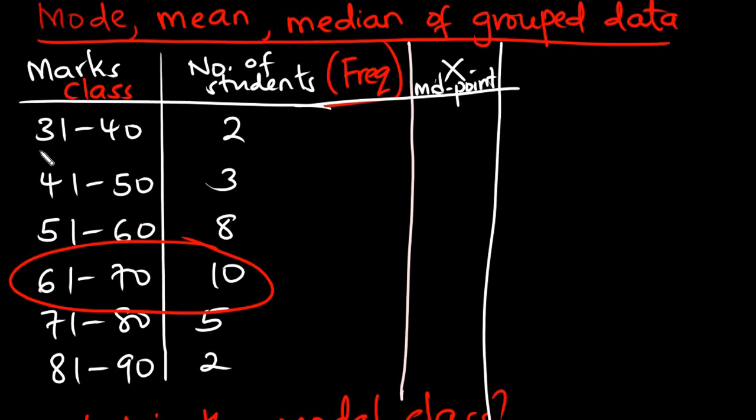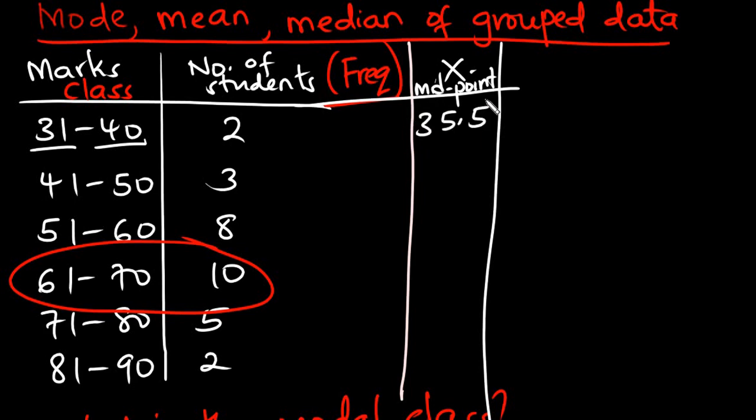For example, between 31 and 40, which mark is at the center? You take 31 plus 40 and divide by 2. That is, sorry, not 34.5, but 35.5.